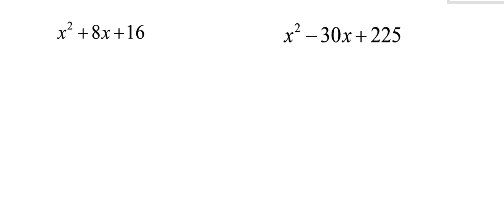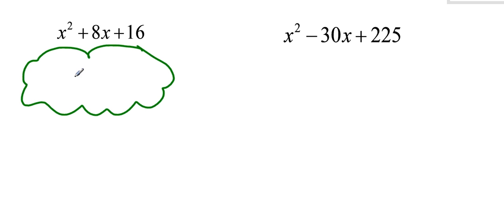So let's go ahead and look at two examples. So I'm going to use green to represent my brain. There's my brain. Is this a perfect square trinomial? Is there a number that is the square root of 16 and is half of 8? Well, yes, there is.